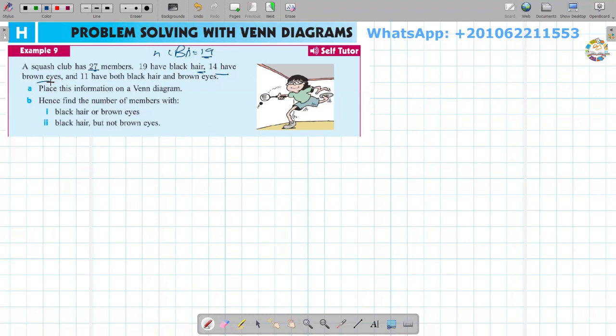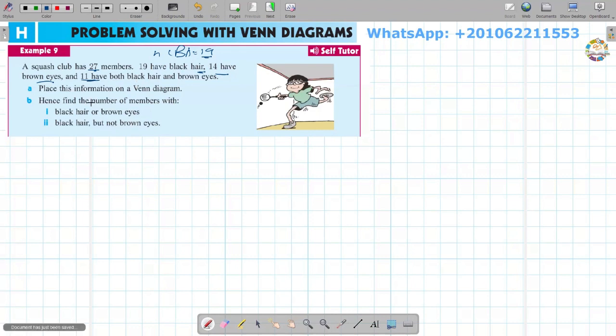Then we have two categories here. Overall we have 27 members, 19 with black hair and 14 with brown eyes. 11 have both, which is 11 in common between black and brown eyes. 11 have both black hair and brown eyes.